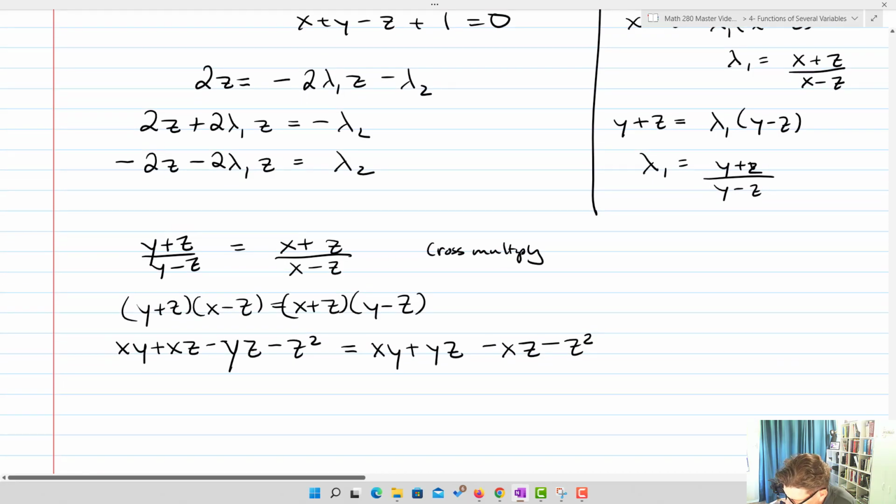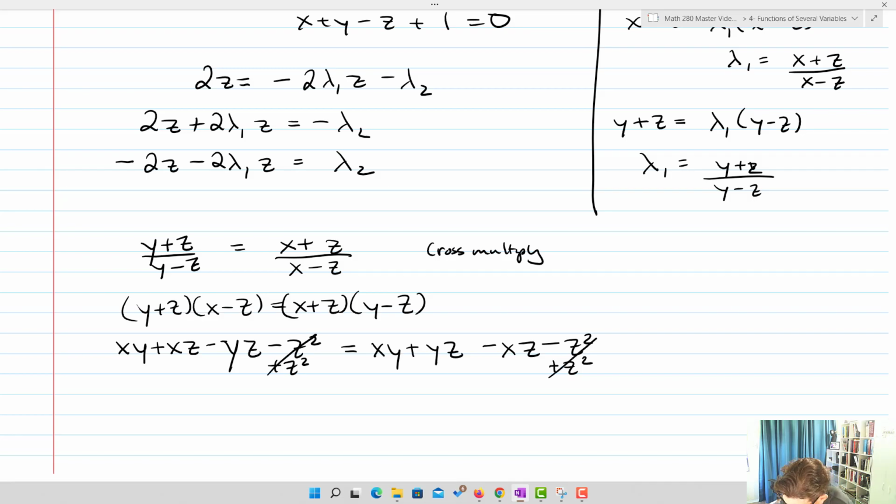We're now going to set everything equal to 0. Again, just some algebra here, so follow along. The z squareds are going to cancel out. We have a minus xz and a plus xz, so that's going to end up being 2xz. The xy's cancel out, and the yz's become 2 minus yz's.